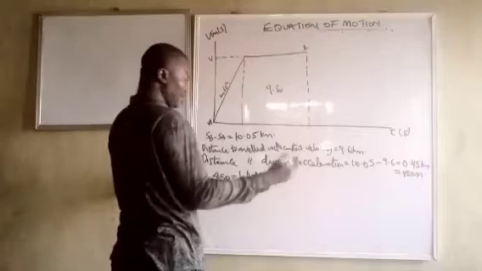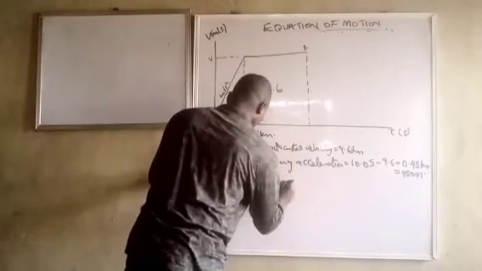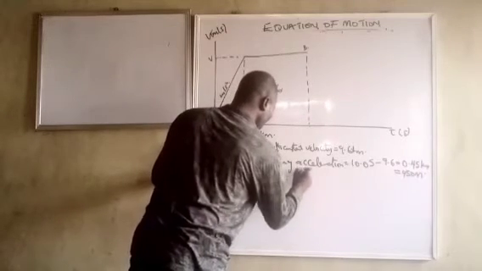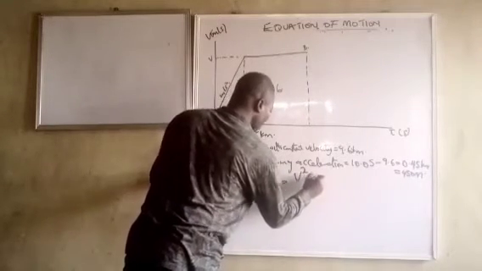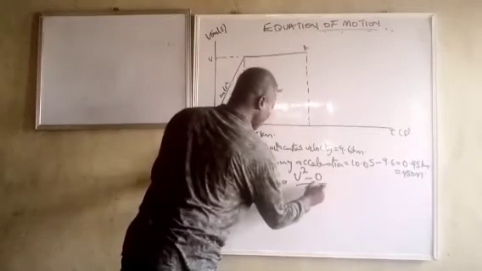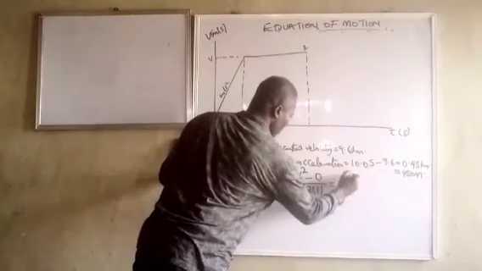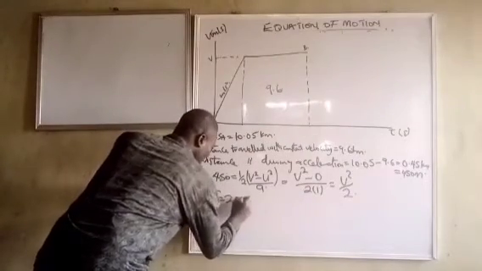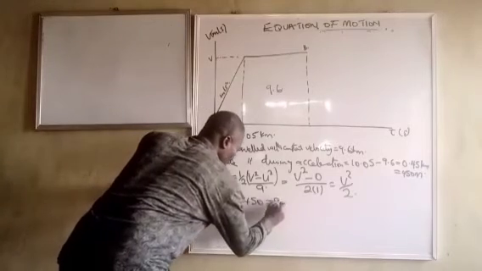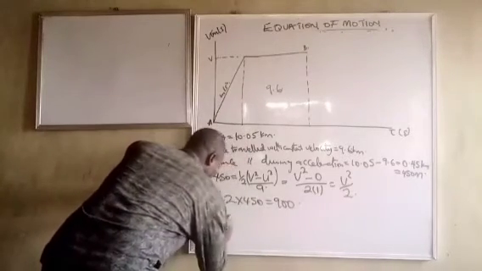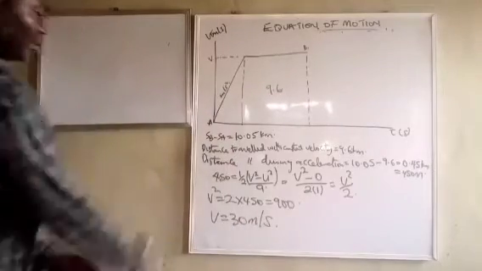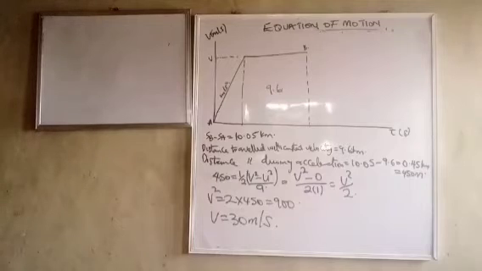And we know our U to be 0. It started from rest. And our a is 1. So it's equal to V squared minus 0 over 2 into 1, V squared over 2. So V squared is equal to 2 times 450, which is 900. So V is equal to 30 meters per second. We have been able to achieve that.